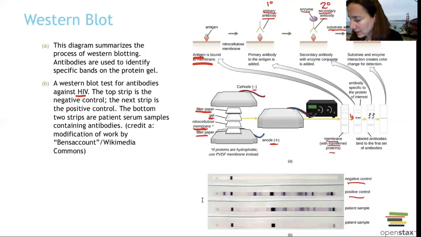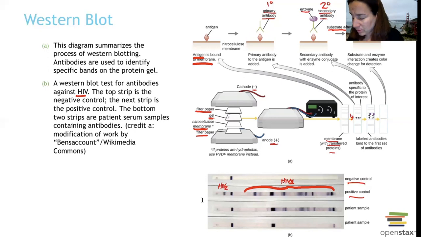And as far as I can tell, and I may be totally wrong, these are HIV-1 proteins in this positive control. The negative control is missing those. The negative control does not have the HIV-1 proteins, and it does not have the HIV-2 proteins. This, I believe, is HIV-2. Okay, so these are our controls.